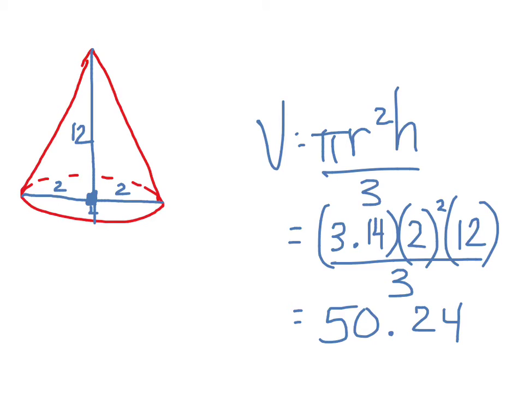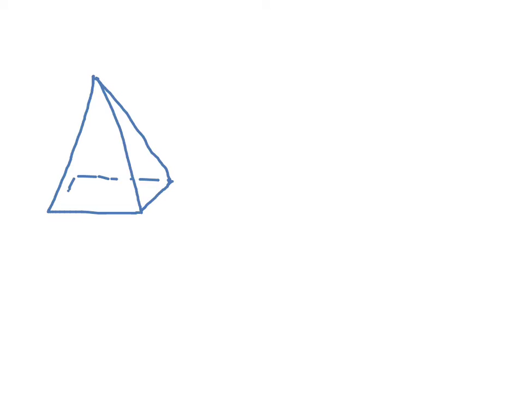Okay, everybody okay with that? Cones, they're pretty self-explanatory. It's the pyramid that gets you in a little bit of trouble. So if I were to give you something like this, and let's say this is 5, this is 3, and that's 8, which is kind of hard to see, but that's an 8.